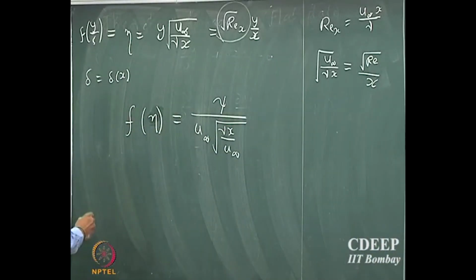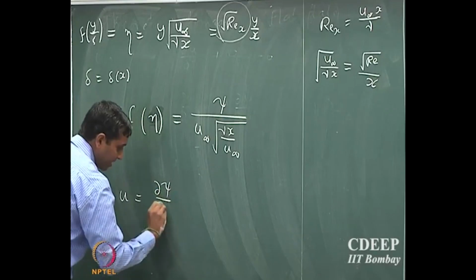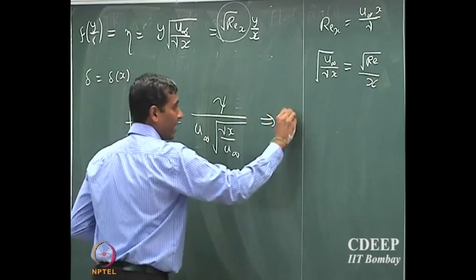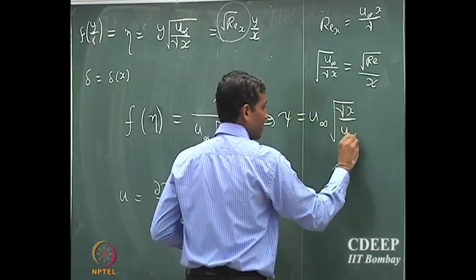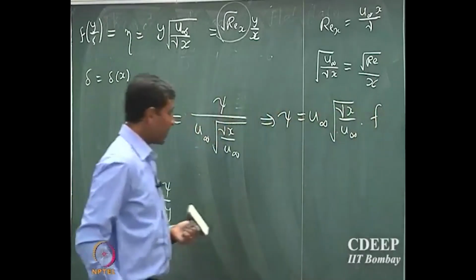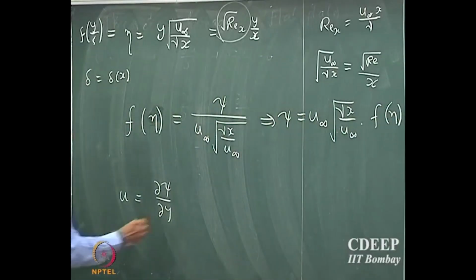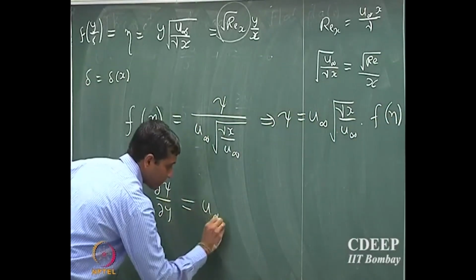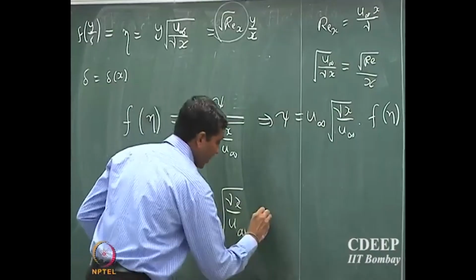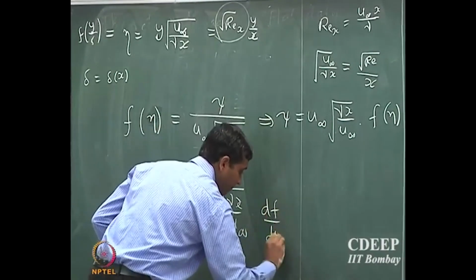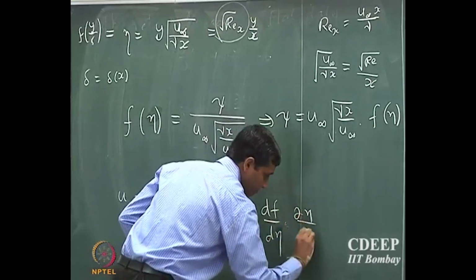So from here we can find out what u is. u is dψ/dy. Since ψ is u infinity into square root of nu x by u infinity into f, and f is now a function of eta, dψ/dy is u infinity into square root of nu x by u infinity, and I use the chain rule: df/dy is df/d eta into ∂eta/∂y.